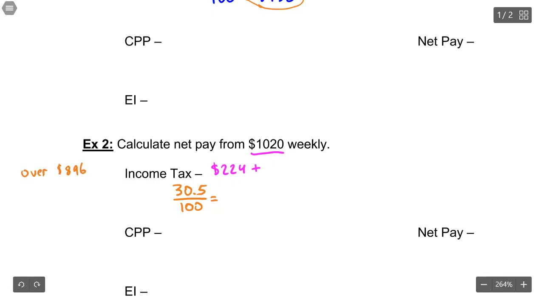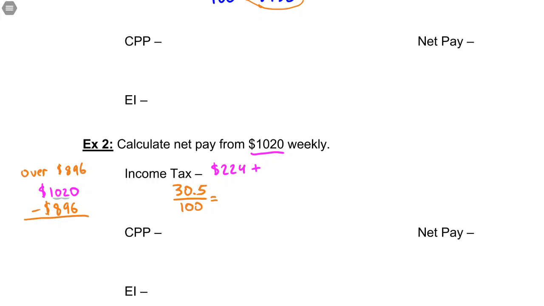To figure out how much we are over $896, we're going to do our $1020 minus our $896. And when we subtract those, you get that it is $124.